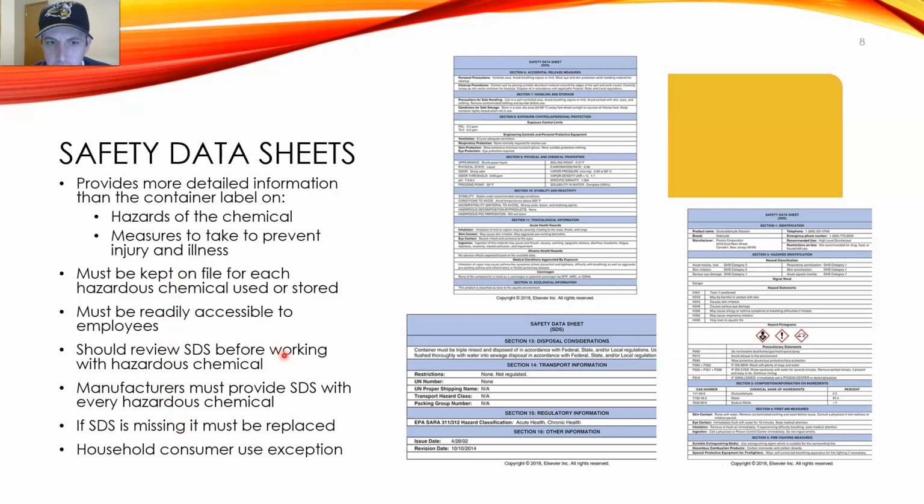Now, there is one exception, and this is the household consumer use exception. If there is a chemical that is being used in the same way as it would be used within a normal household, you do not need to keep a safety data sheet on file. So example of that would be if you have like drain cleaner, right?